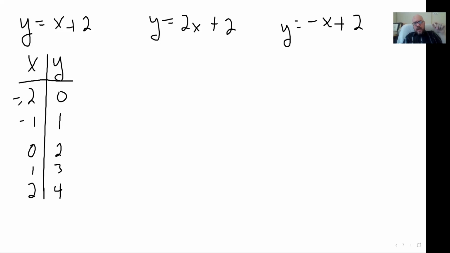So I made x change by 1 in each of these cases. And look what happened with y. When x increased by 1 here, y increased by 1. So I bet you know what the slope of this line is just based on the definition, right? Since the slope is how much y changes when x changes by 1, well, x changed by 1 and y changed by 1, so the slope is 1.